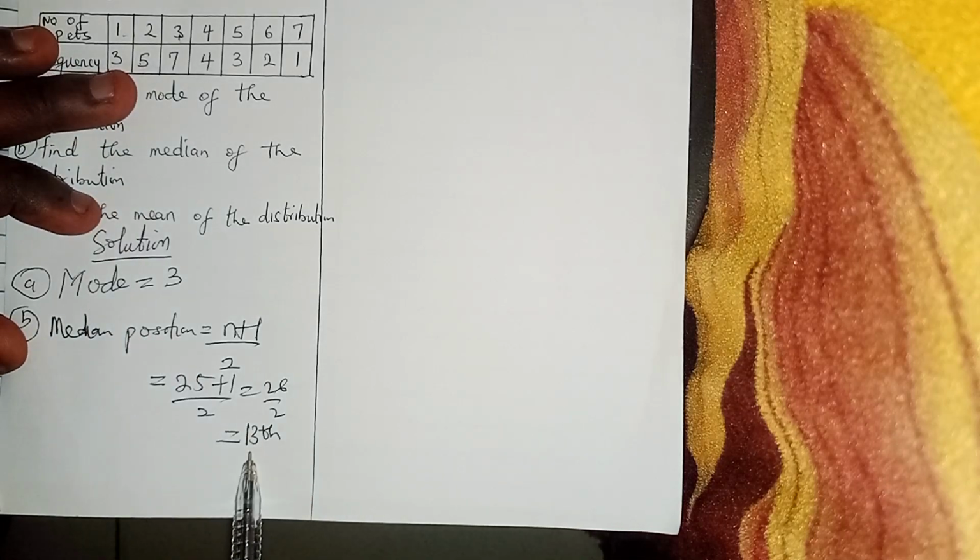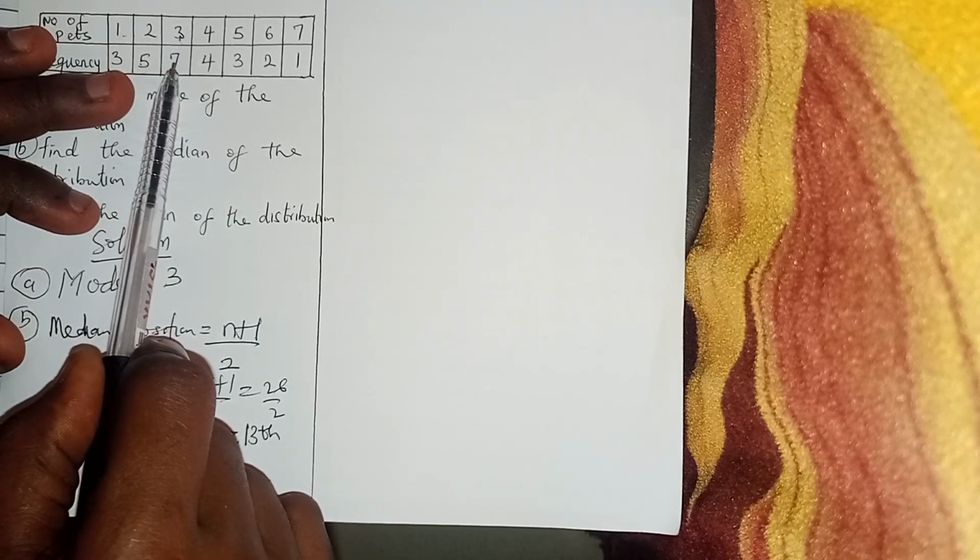So how can I get the 13th number? Of course, the numbers are already arranged in order. Can you see? In ascending order. So I will just add up the frequency until I get to 13. So if I'm to add up now, say 3 plus 5, that's 8. So to get 13, we need an addition of 5. Of course, this is 7. It's even more than the 5 I need. Definitely, it implies that my median will fall here.